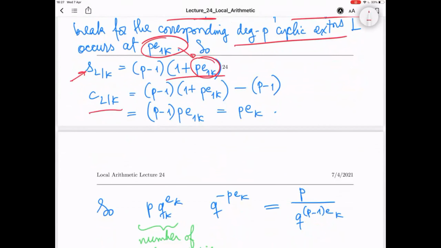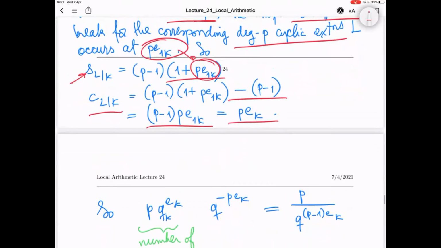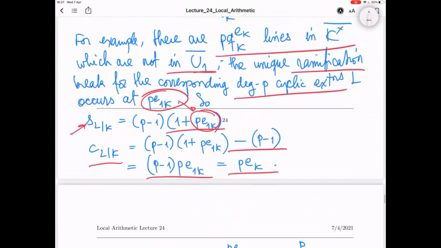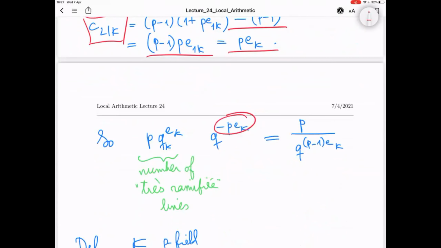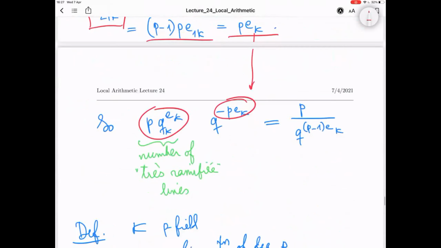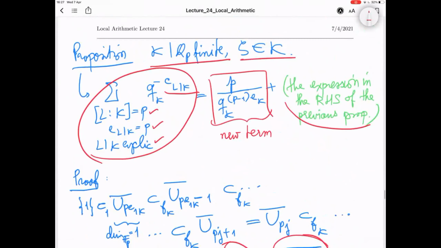And so C is going to be, you subtract P minus 1. So you get this, and that's equal to this. So that's the exponent for each of these lines, and there are so many lines. This was the exponent. Yeah, here it is. And this is the number of lines, right? So you get this expression, which is what you find here, which is the new term here.